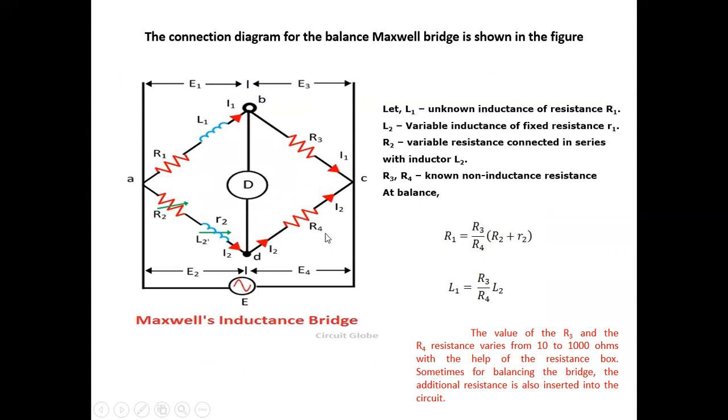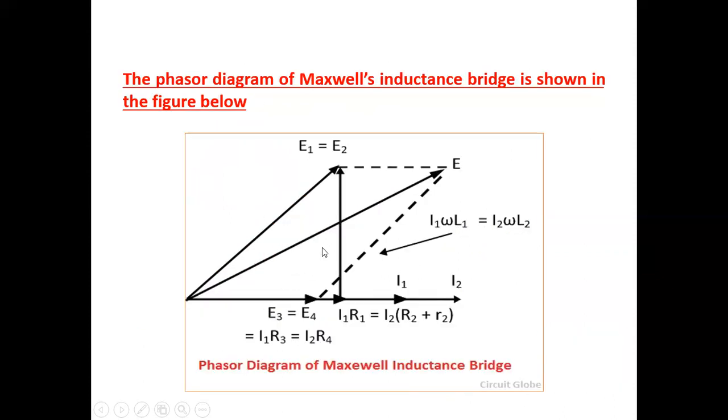Addition of E1 plus E3 is equal to total E. Then by taking the phasor addition and finding the total EMF, that is the total voltage of the bridge circuit, this is your phasor diagram of the Maxwell inductance bridge. The Maxwell inductance bridge is used for the measurement of unknown inductance by comparison with the standard known inductance.